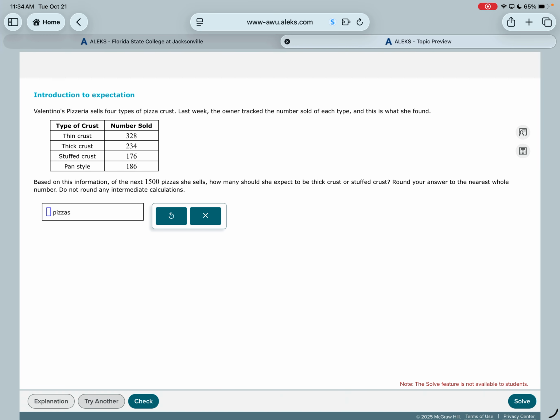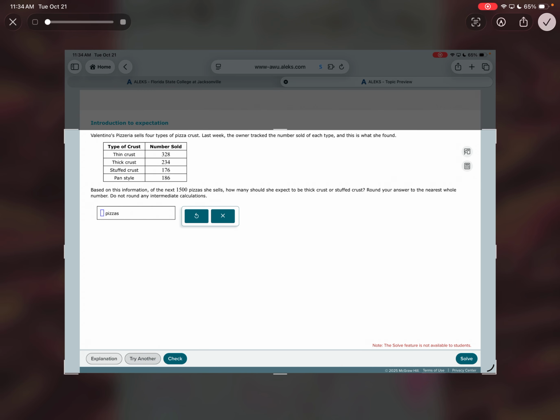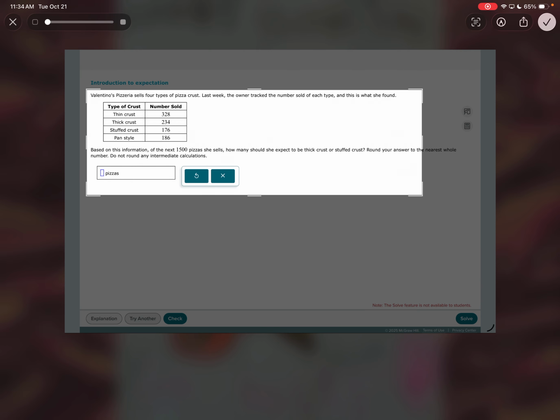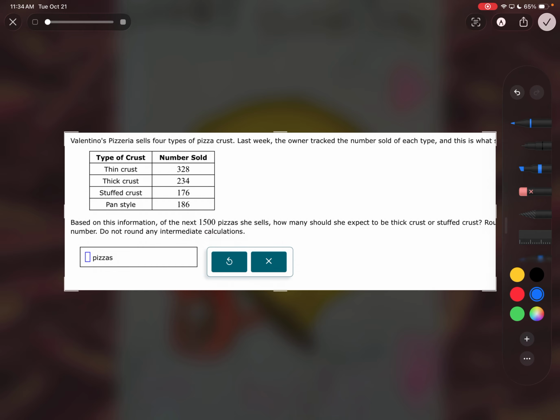I guess I can just write it out real quick instead of trying to talk and remember all the numbers. So this is used a lot when you're doing a business. Like you have to do ordering for the next week and figure out how many crusts you're going to need for the next week. So if I add these all up, it's $924. And I'm trying to figure out how many thin and thick crusts I should order next week.